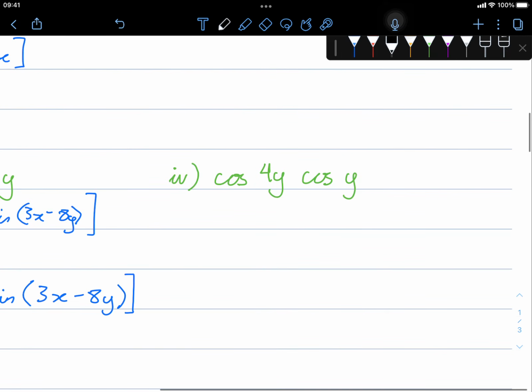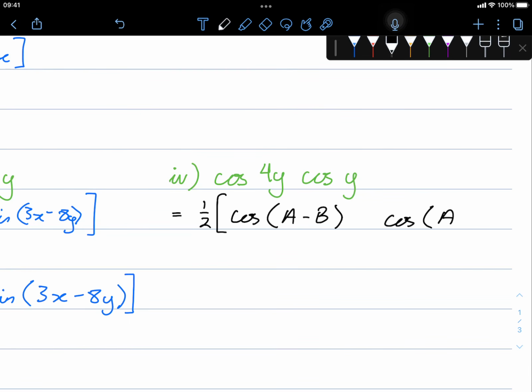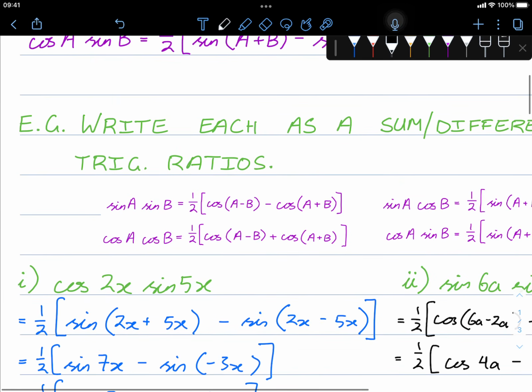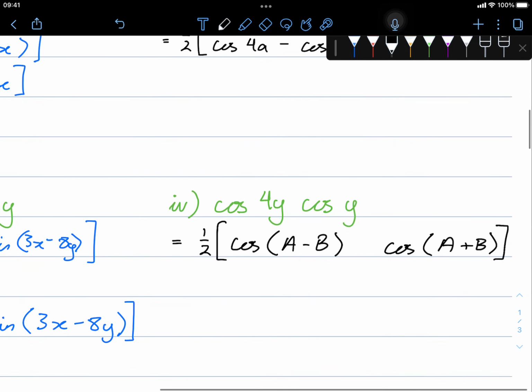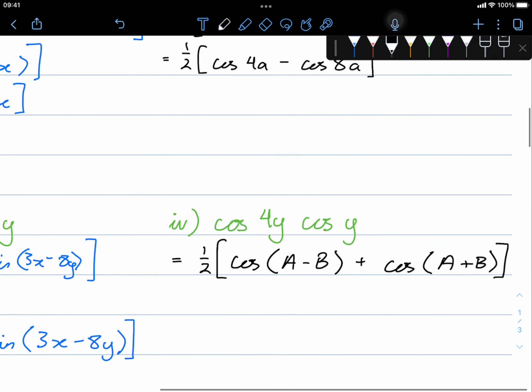One last example. I know they're both the same, so it's going to be cos. So cos a minus b, cos a plus b. I need to try and remember if it's plus or minus in between. Double check. Cos, it's a plus. So it's going to be plus in between.